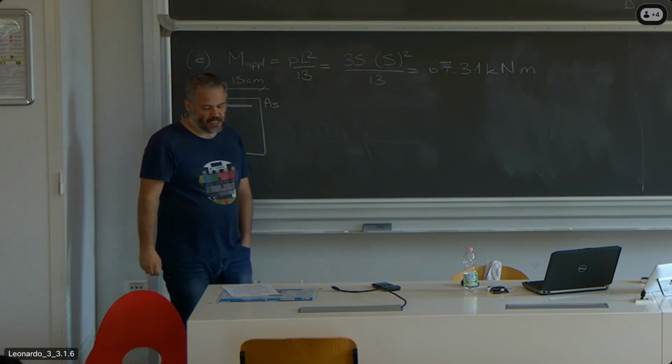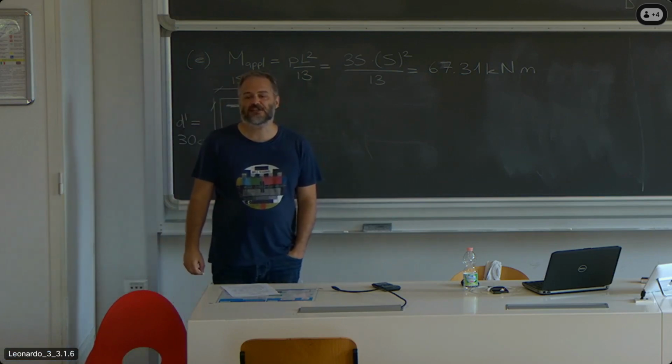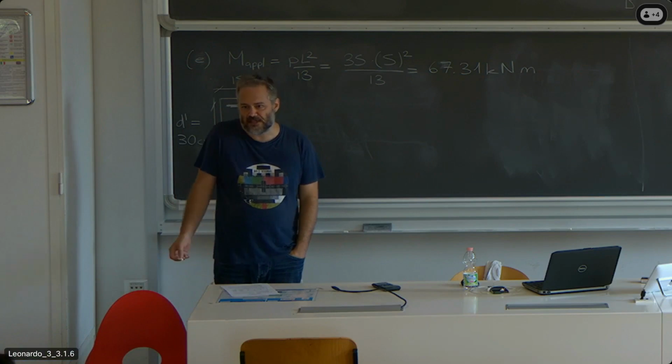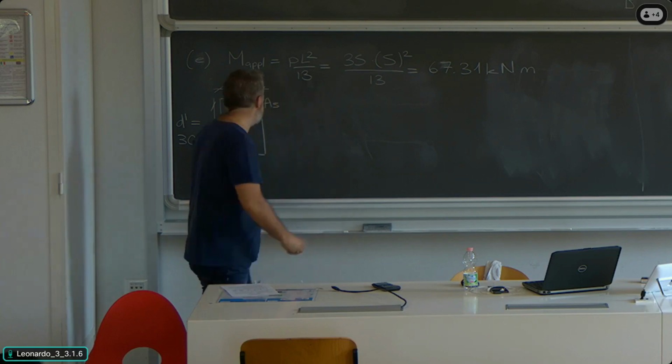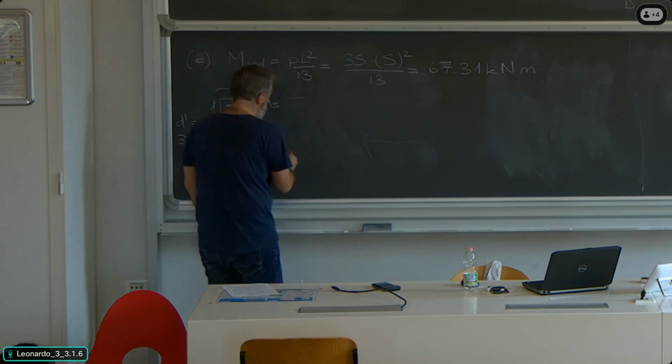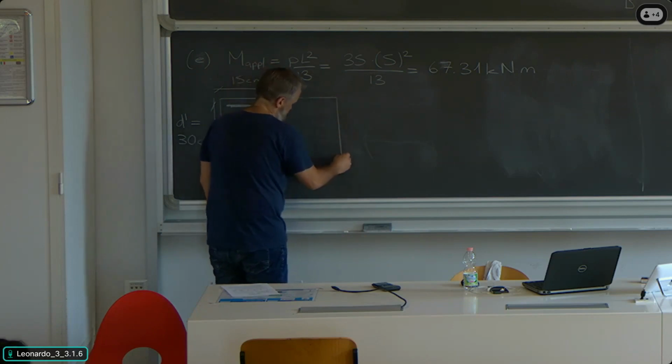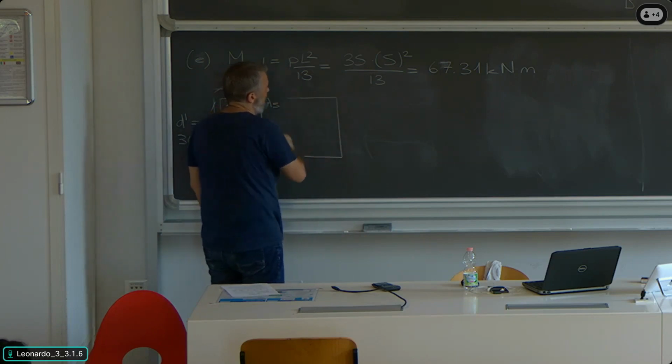Now, in this case, since you have to design the reinforcement, you cannot calculate the neutral axis depth in detail. You don't have the data. Okay? You have to adopt the well-known approximation that tells you how, in a section subjected to bending moment, the bending moment is resisted.